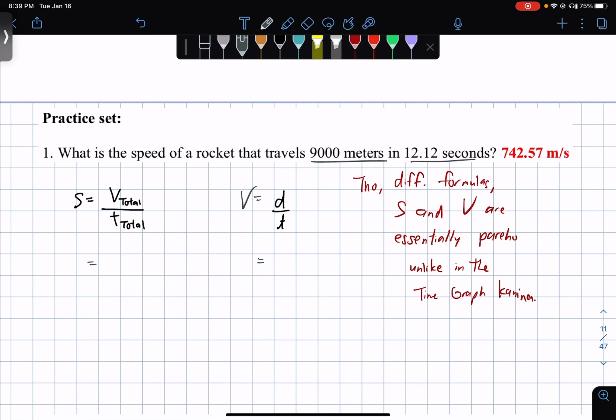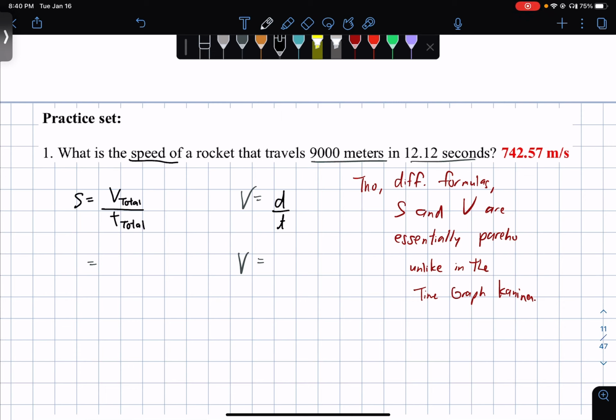So from there, there's no velocity final and initial. You can't really find the sum of distances since it's already stated as a fixed value. It's 9,000 meters. So although this is the formula for speed, this is the formula for velocity. We're being asked for speed. We're going to use the velocity formula anyways.